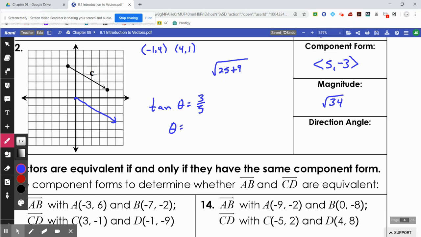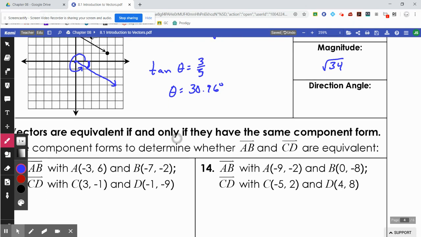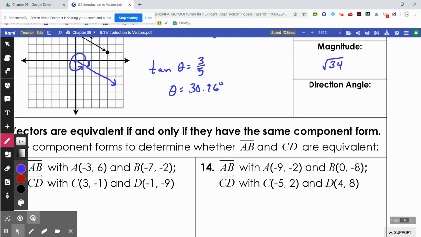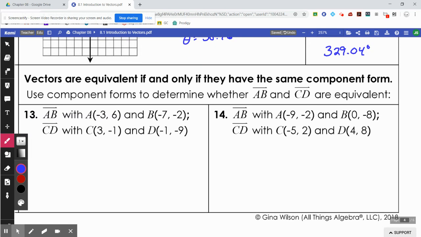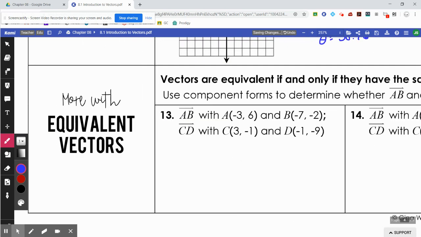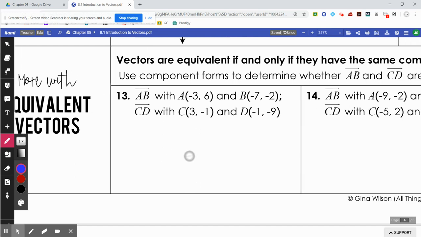So that gives me a reference angle, which is actually going to be this angle right here of 30.96 degrees. So therefore, in order to find this angle, which is what we're looking for, we're going to do 360 minus that, and that gives me a direction angle of 329.04 degrees.